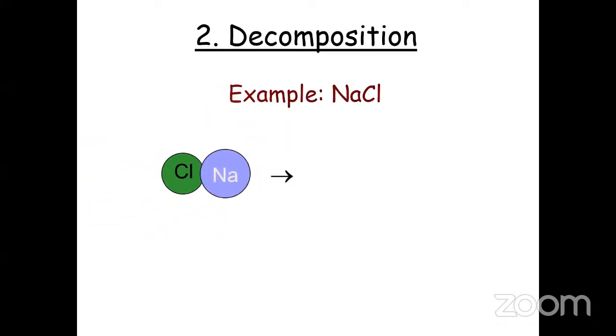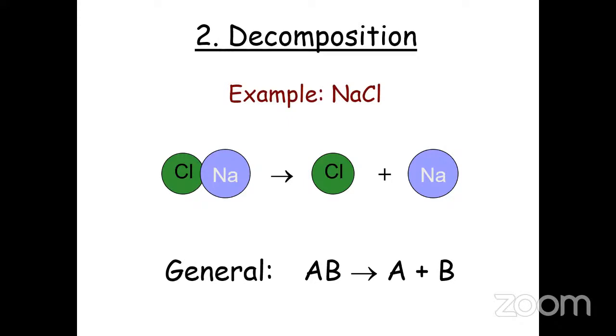Now, the other type of reaction we are going to look at is decomposition reaction. When we say decompose, it means to break down. So for instance, we have sodium chloride, and we can break it down into its constituent atoms, Na and Cl.